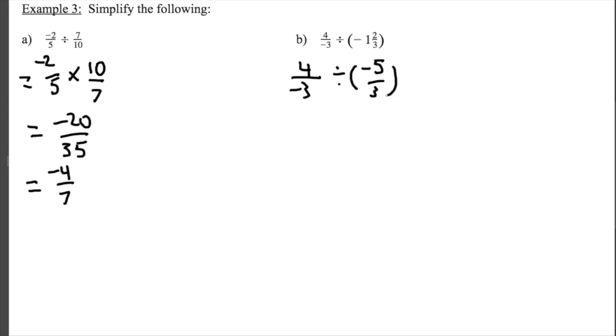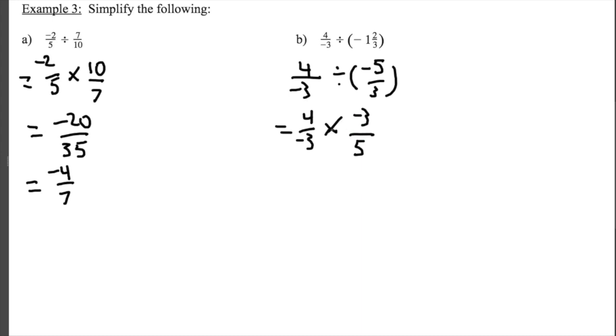So now when we flip it, it's 4 over negative 3 multiplied by, so now it's still negative over 5. Doesn't matter where the negative sign is because it still means the whole fraction is negative.